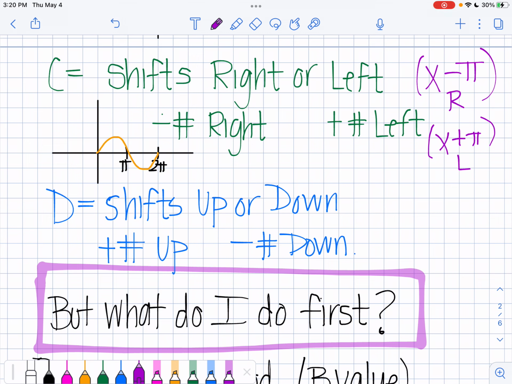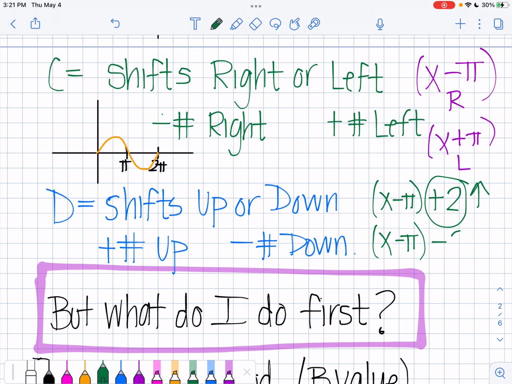For the up and down shift, you're going to have x minus pi on the inside, but then if it was plus 2, this is going to move it up. But if you had this x minus pi and then minus 2, this is going to move it down. So just like every other shift, if it's with the x, it's opposite. If it's outside of where the x is, then it is the way that it is.